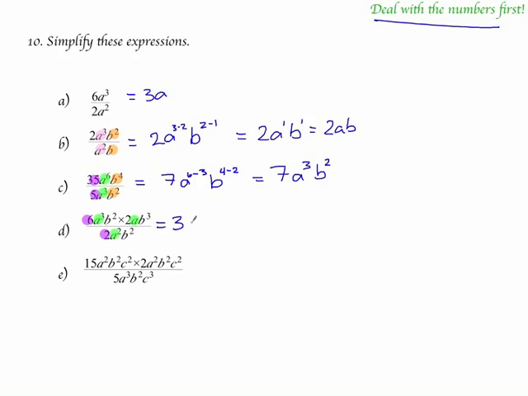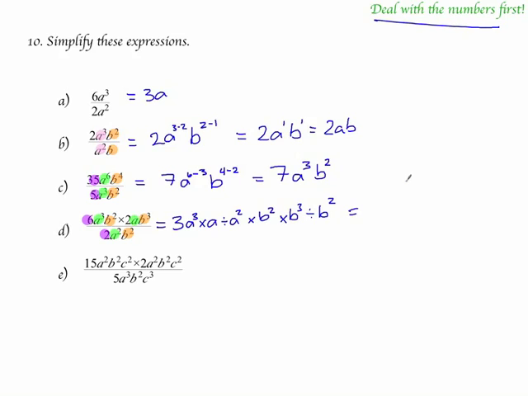So I'm just going to write this out: a cubed times a divided by a squared. And then for my b term, I have got b squared times b cubed divided by b squared.